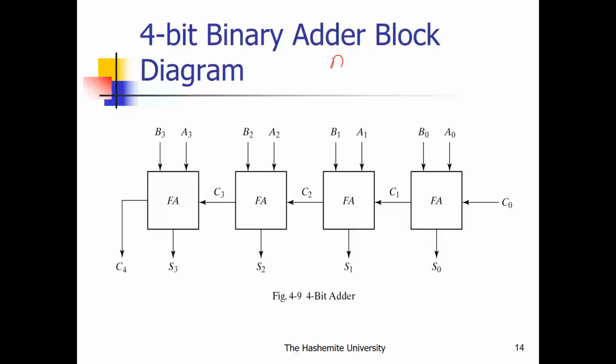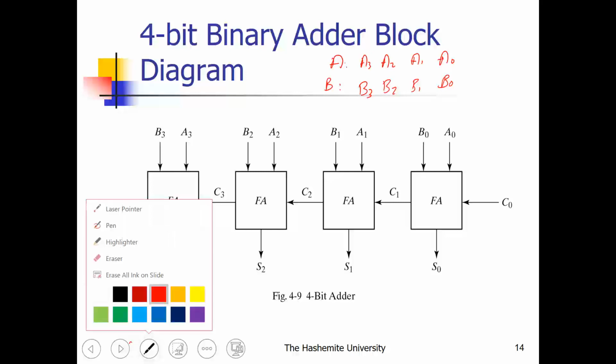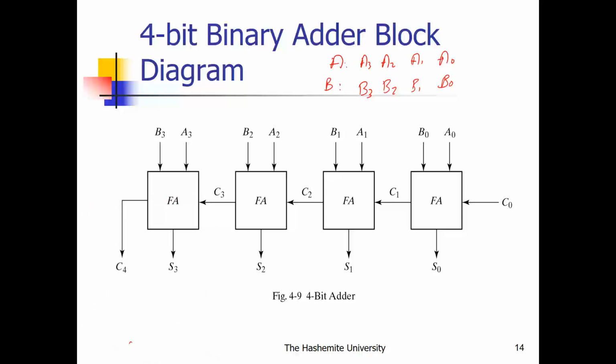So you can see that A consists of A0, A1, A2, and A3, and similarly B consists of B0, B1, B2, and B3. So the question is about what we were doing before. What we were doing before was just adding a single bit to a single bit, so we were adding two numbers, but each of them was just a single bit.